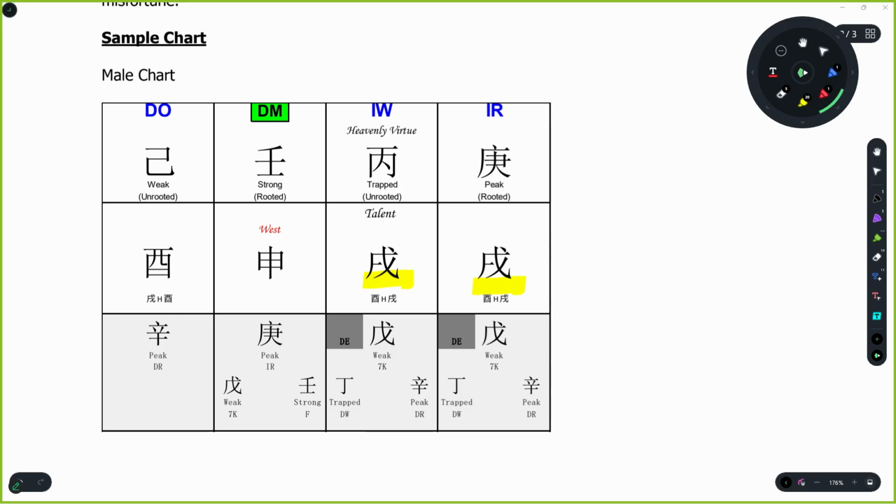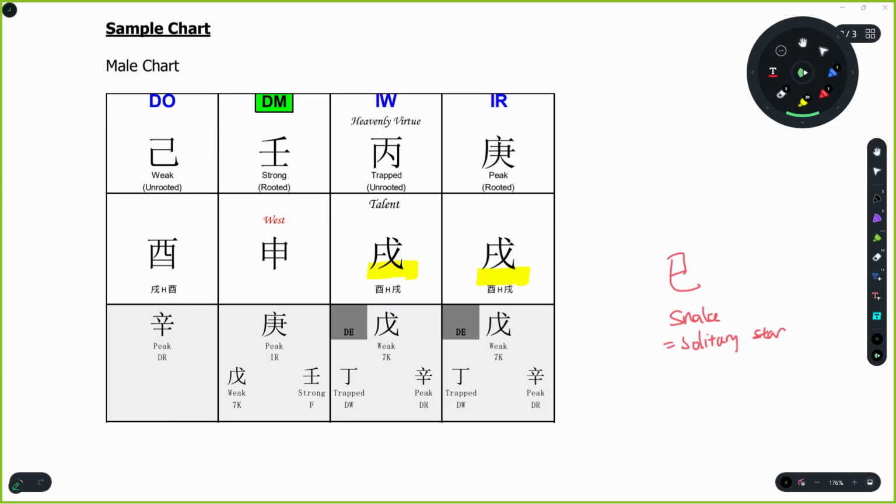So next year is the year of the snake. If next year is the year of the snake, snake will be the solitary star. Solitary star will just mean that this person will likely be more alone. And sometimes to understand the person, we may read why the person can be alone.